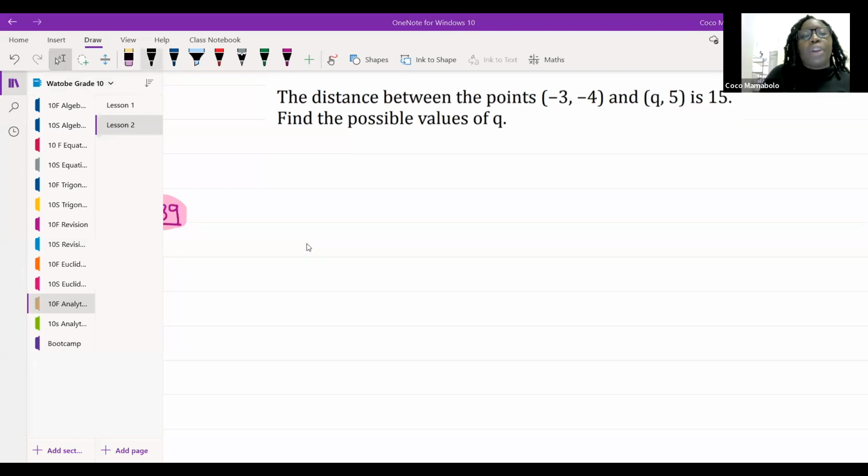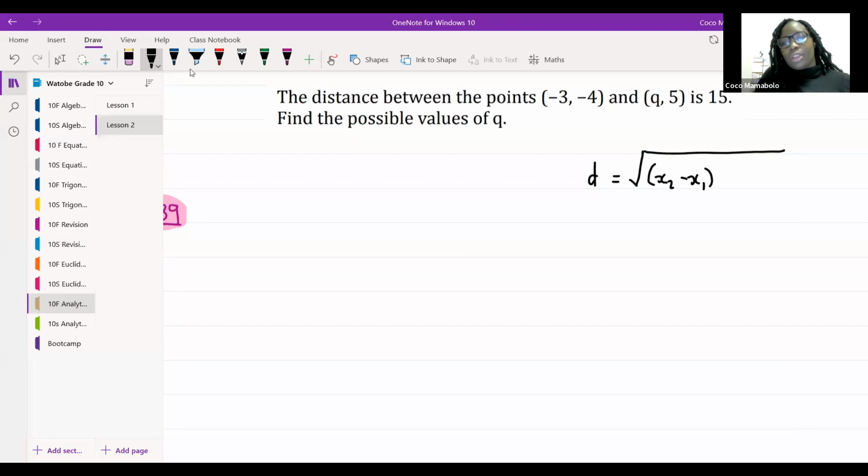Okay, the first thing I'm going to remind you guys is that the distance formula says that D is equal to the square root of, open brackets, x2 minus x1 squared plus y2 minus y1 all squared.